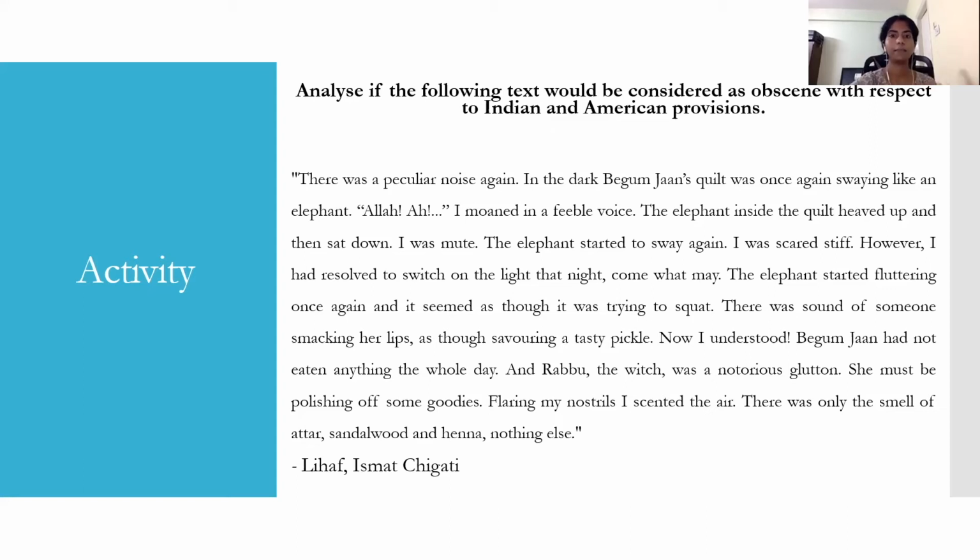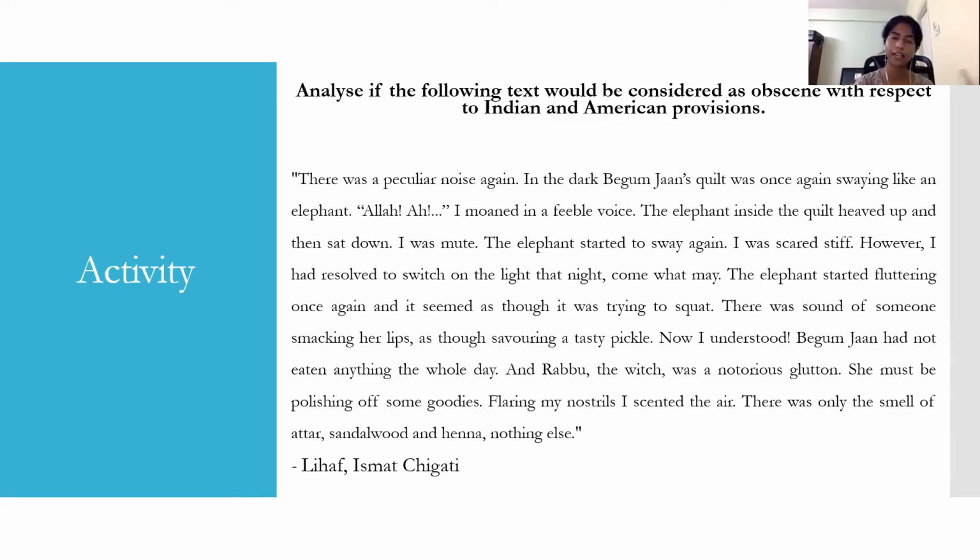The paragraph we've picked up is one where the niece is watching something that's happening between the two of them under blankets. She is describing it because she is made to sleep next to Begum Jan's bed.